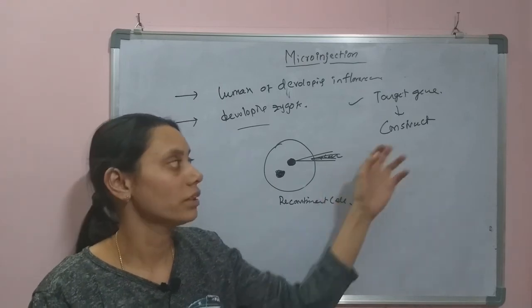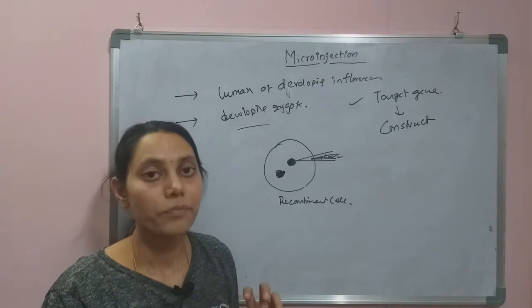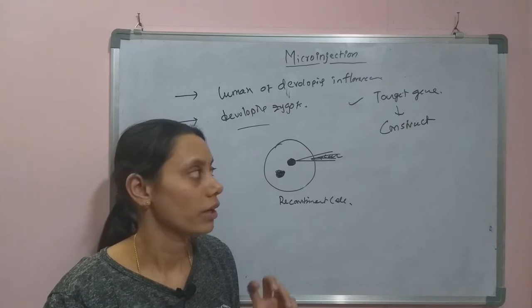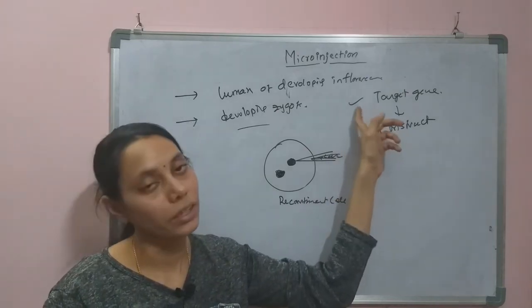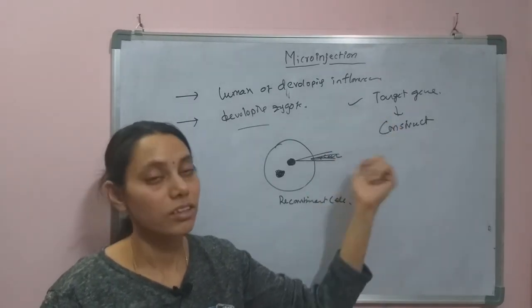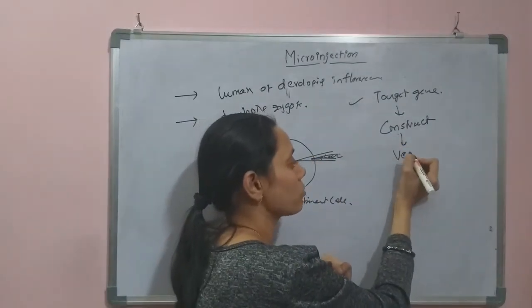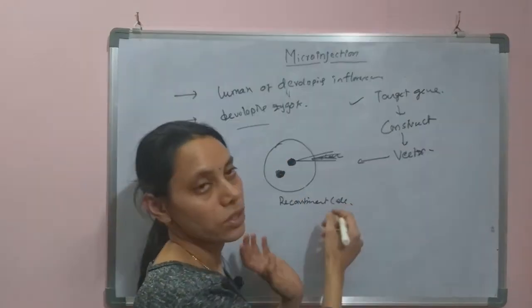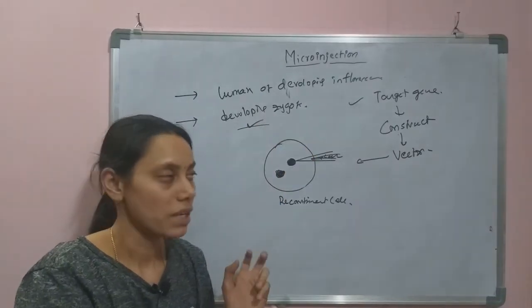We are going to attach promoter sequences, ribosome binding sites, and all kinds of regulatory systems that are helpful for the expression of the target gene inside the host cell. Such a construct will be prepared out of the target gene, introduced into a suitable vector, and then introduced using this microinjection procedure into the developing zygote of the mice.